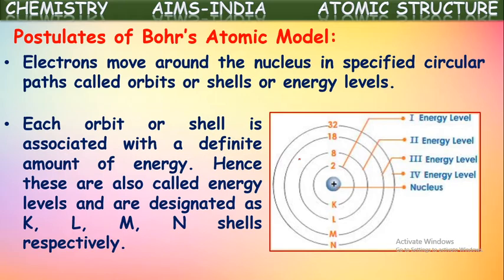The orbits are also called stationary orbits or energy levels, denoted with the symbols K, L, M, N and so on. The shell nearest to the nucleus is denoted as K, and as we move away, the names are given like this: K, L, M, N, O, and so on.